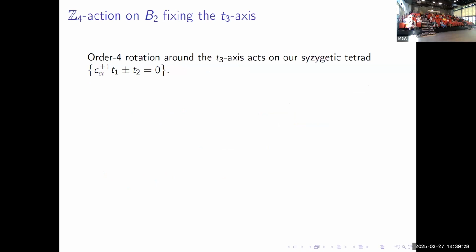We're going to want, in order for rotation around the T3 axis, that's going to act on our syzygetic tetrad, and that's going to give us our Z4 R-symmetry that gets rid of proton decay.